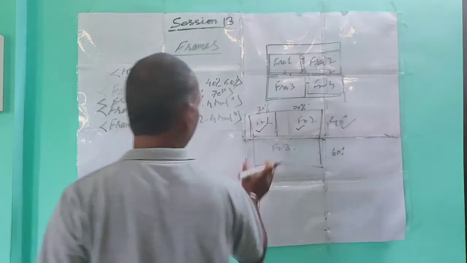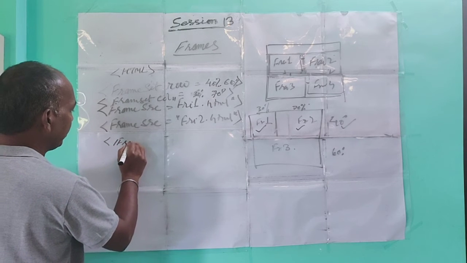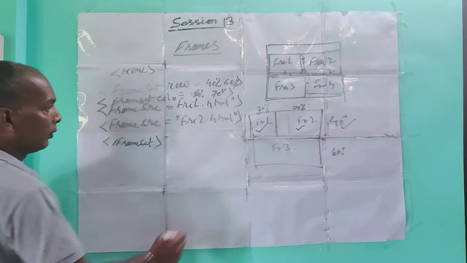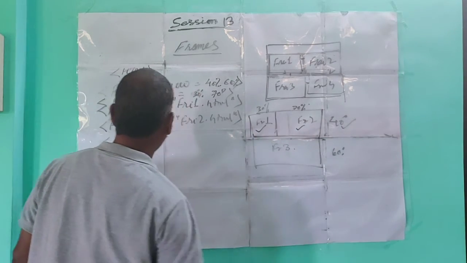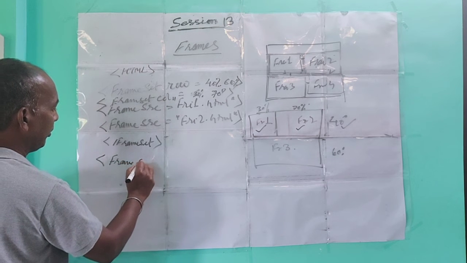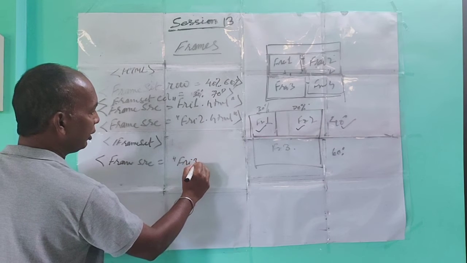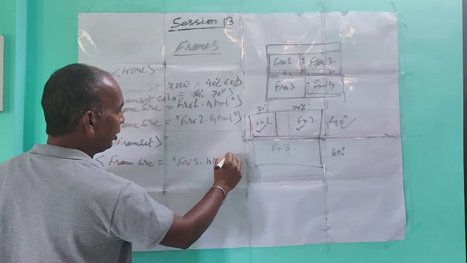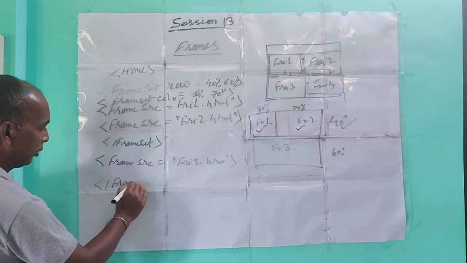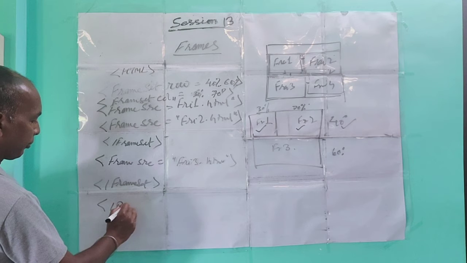After that, our first part is finished, so close frameset. For the third one, again write frame src equals to fri3.html. Then close frameset. Then close body.